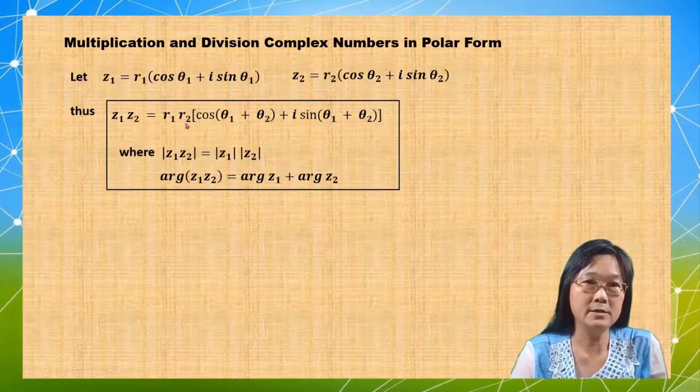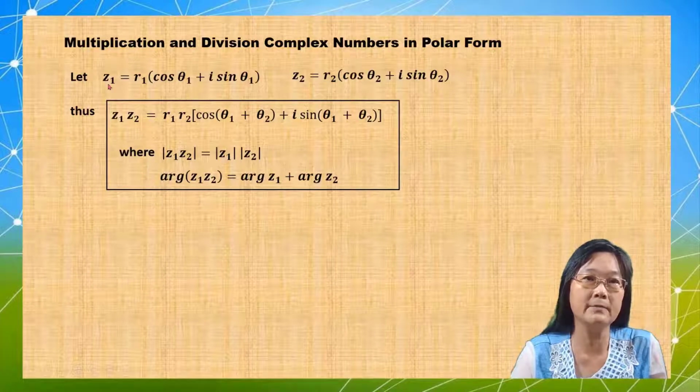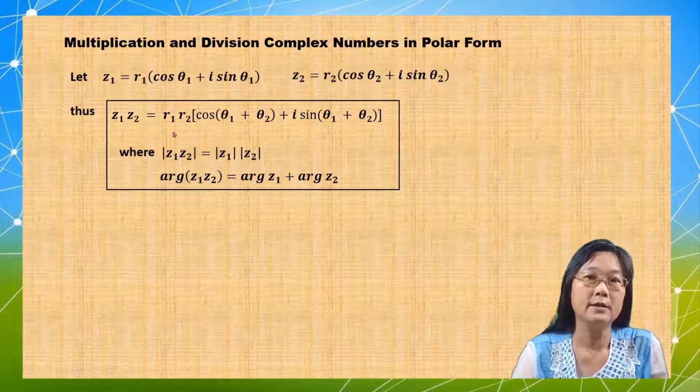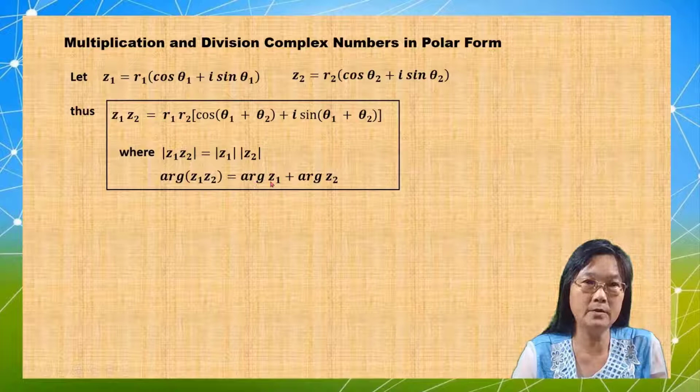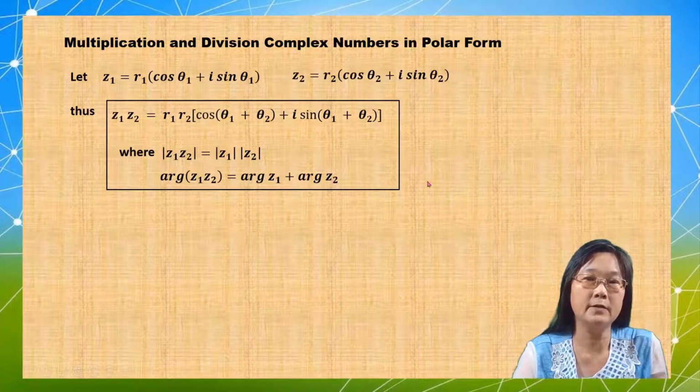Now the modulus for z1 z2 is equal to the modulus of the first complex number z1 multiplied by the modulus of the second complex number z2. Then the argument for z1 z2 is equal to the argument of the first complex number plus the argument of the second complex number z2.